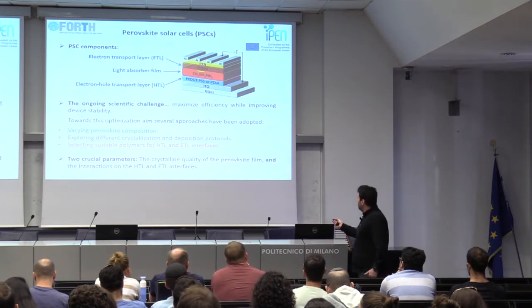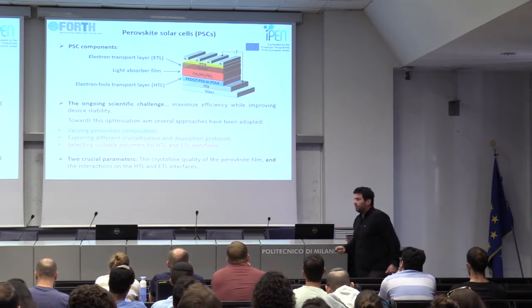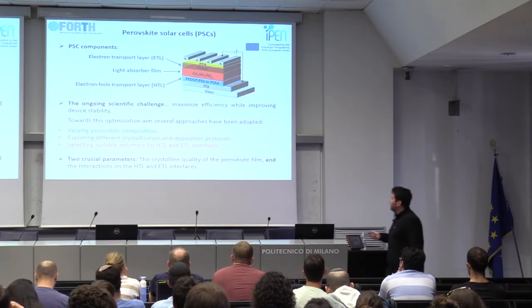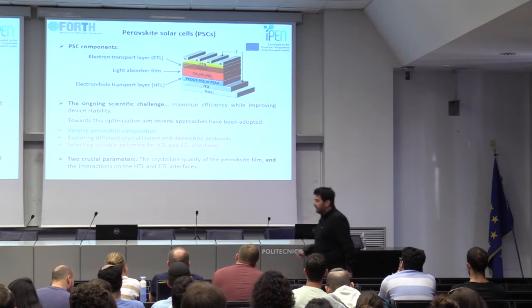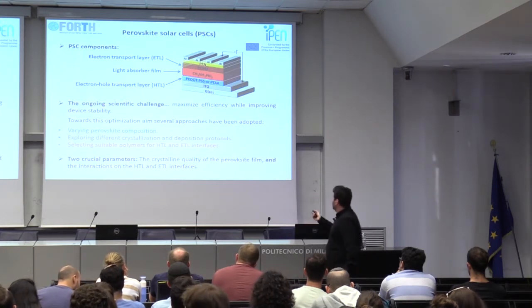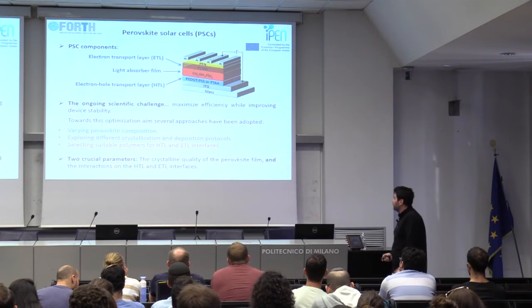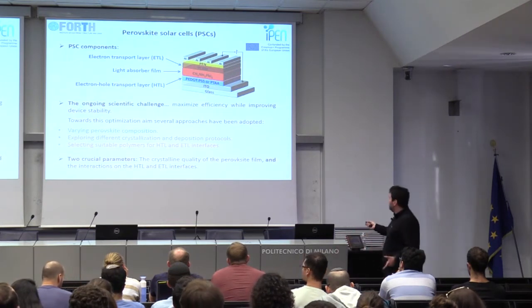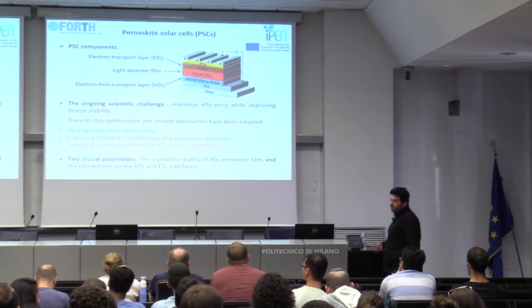And of course, you have the main component, the heart of the perovskite solar cell, which is the perovskite film. And on top of that, you have the electron transport layer, and then you attach the metal electrodes at the top.